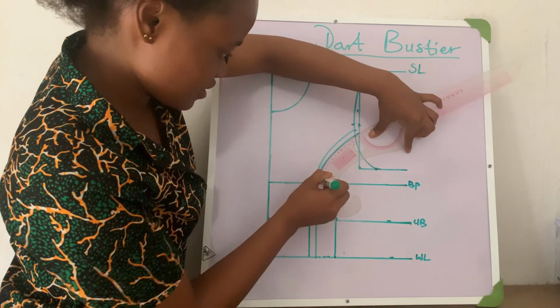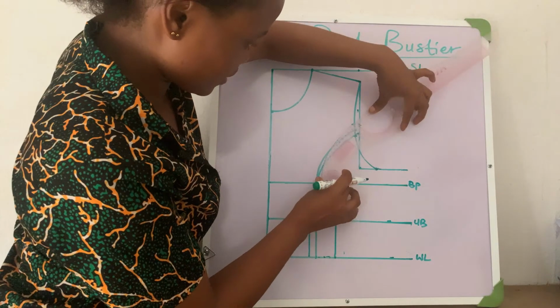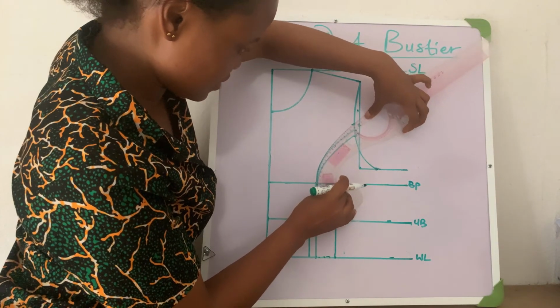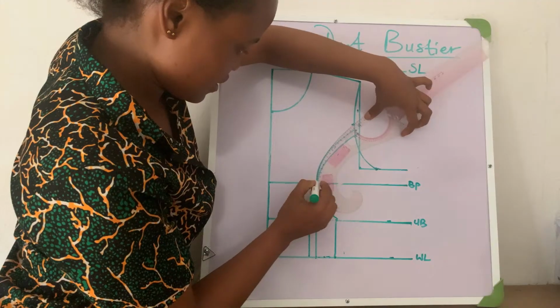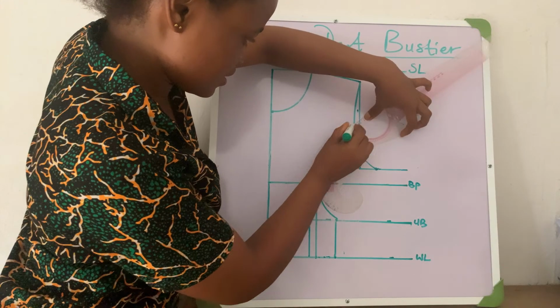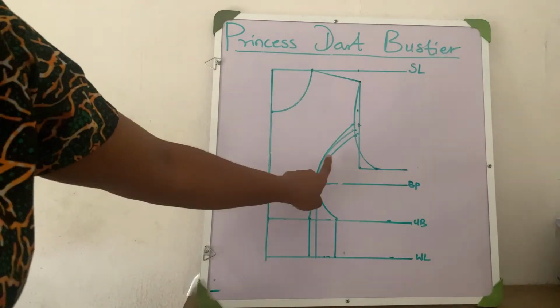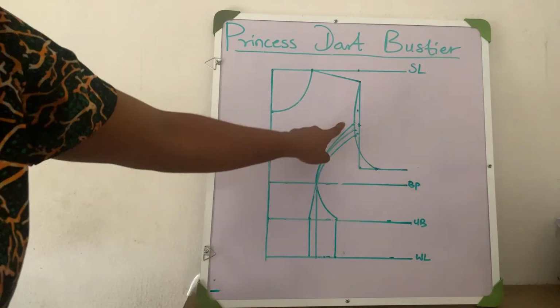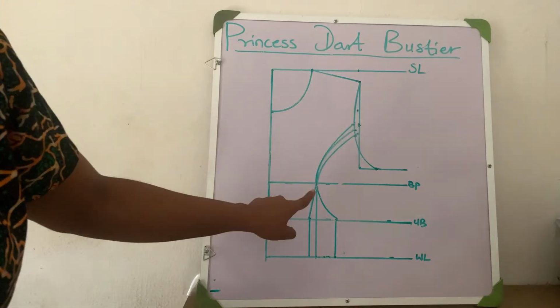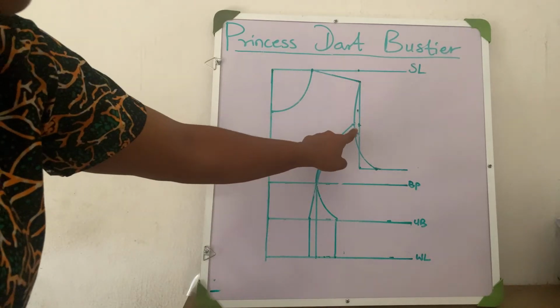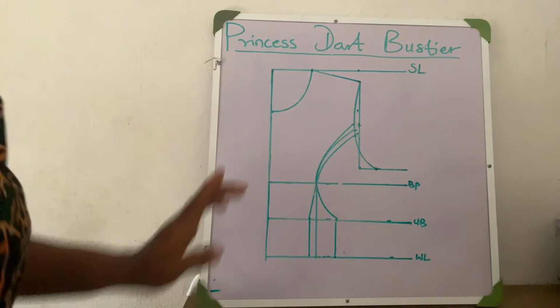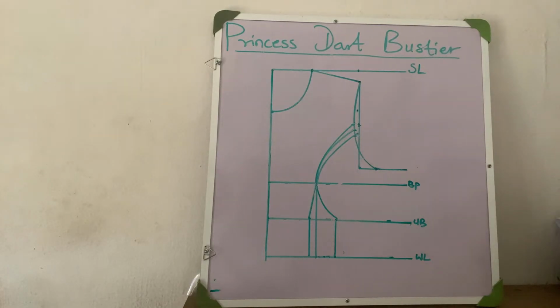Okay. Then also connect from here to the bust point. My hand was shaking, but just know that you will connect from this 1/2 inch point to the bust point and from this 1/2 inch point to the bust point. This is how it should look like, right?